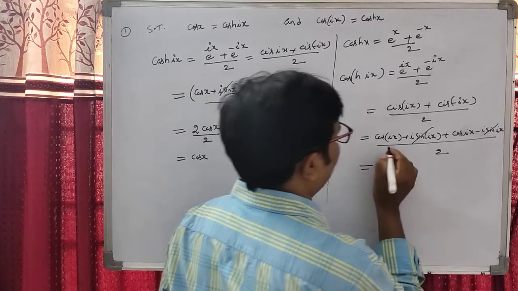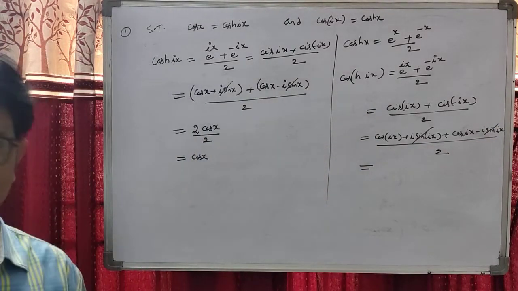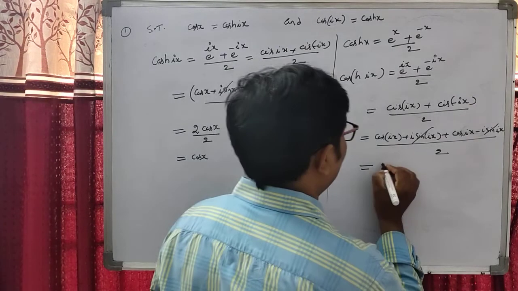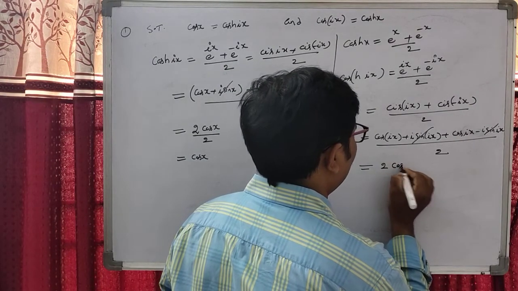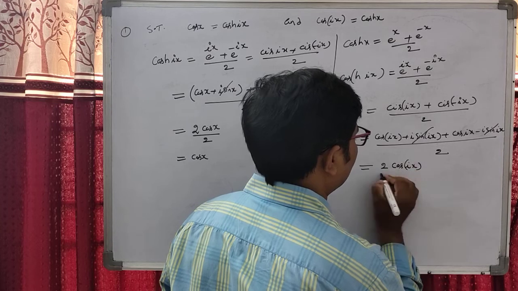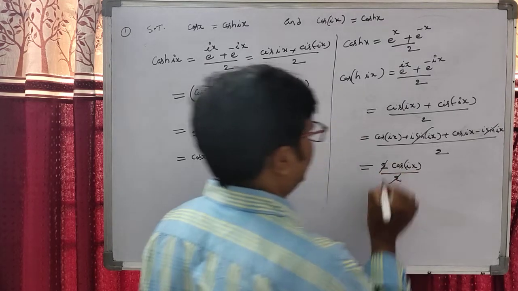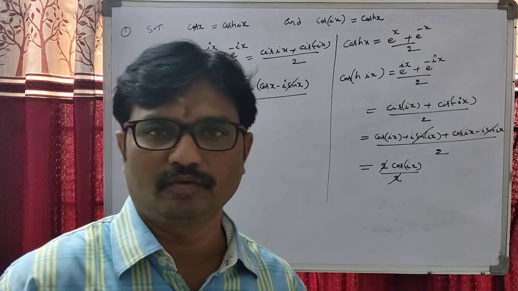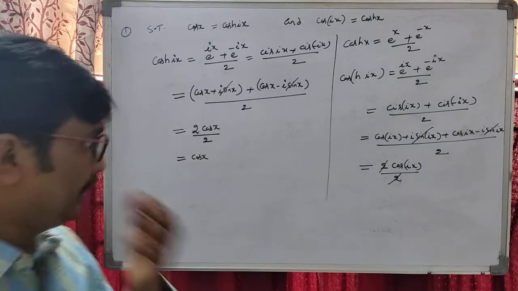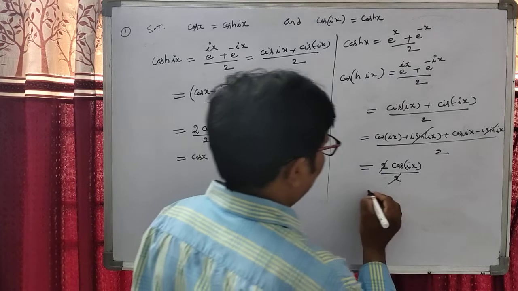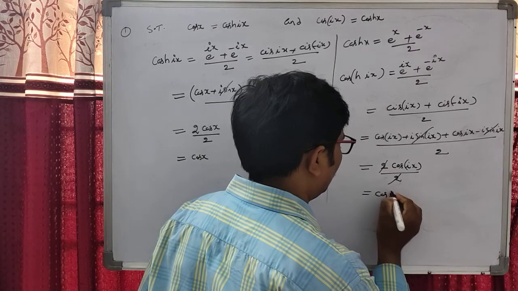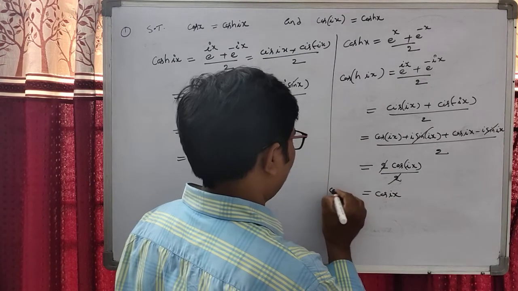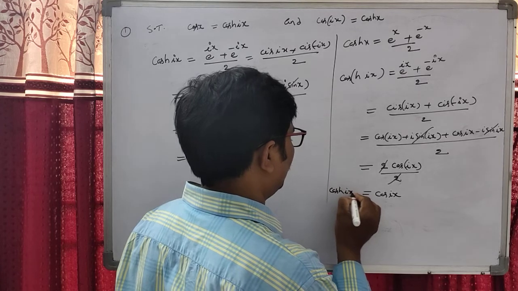These two are cancelled. Cos plus cos is 2 cos, 2 cos of ix upon 2. The 2 cancel. This is cos of ix.